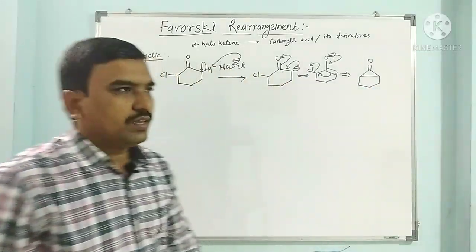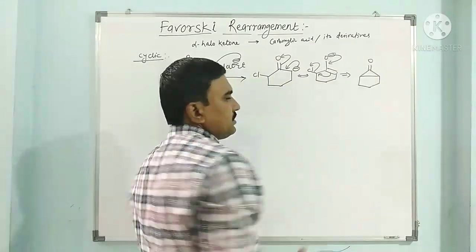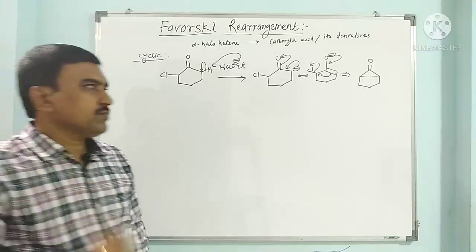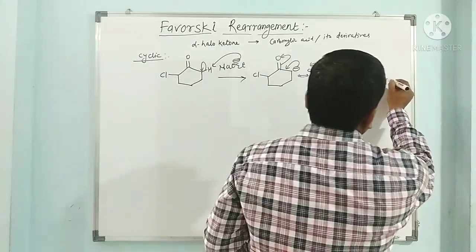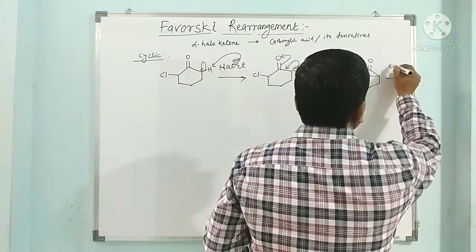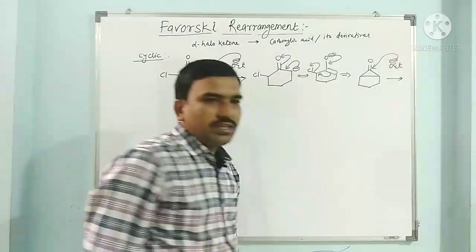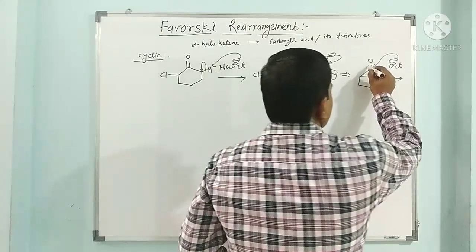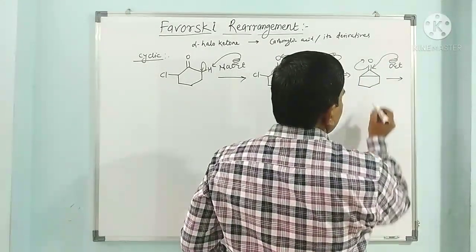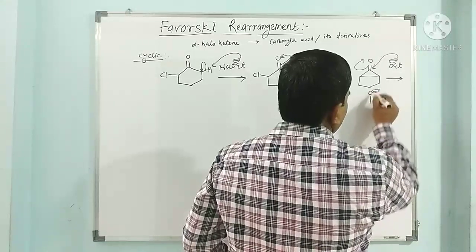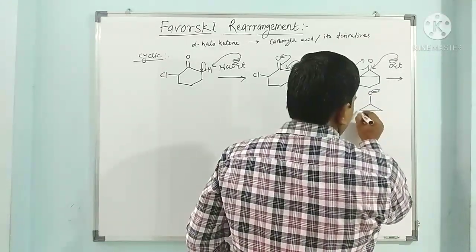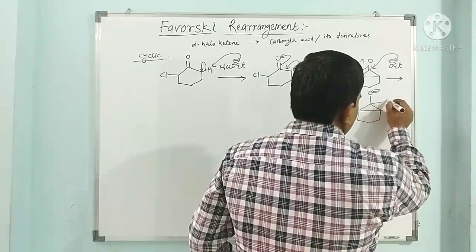this one. Now cyclopropanone means it is a 3-member system which is highly unstable. So here when it reacts with another base OEt minus, this attacks on the carbonyl carbon, electron density goes to oxygen. So we get here this O minus, this is here OEt.